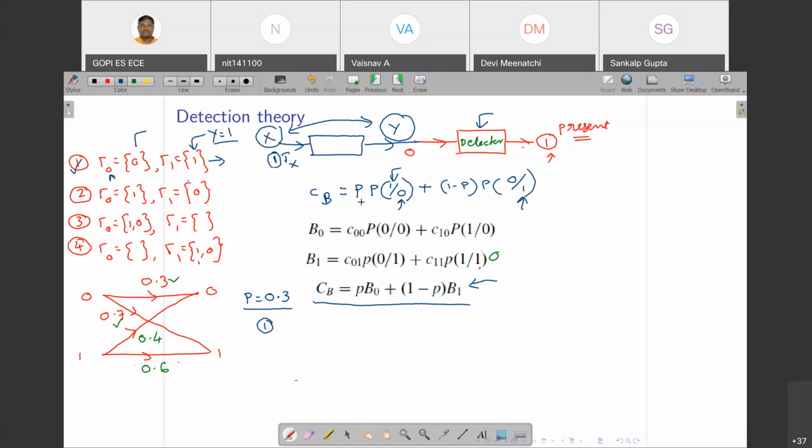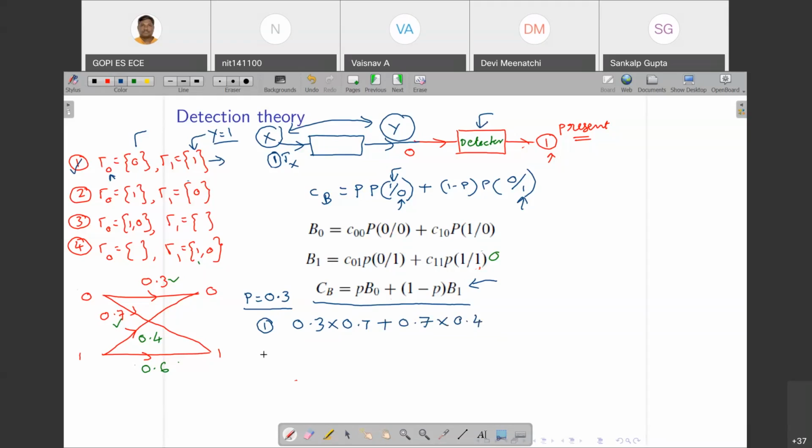So in that case, the probability of 1 given 0 and the probability of 0 given 1 come only from the original channel matrix itself. So let me write this expression: 0.3 into the probability of 1 given 0, which is 0.7 here, plus 1 minus p, that is 0.7 here, into the probability of 0 when 1 is transmitted, which is 0.4 here, right?